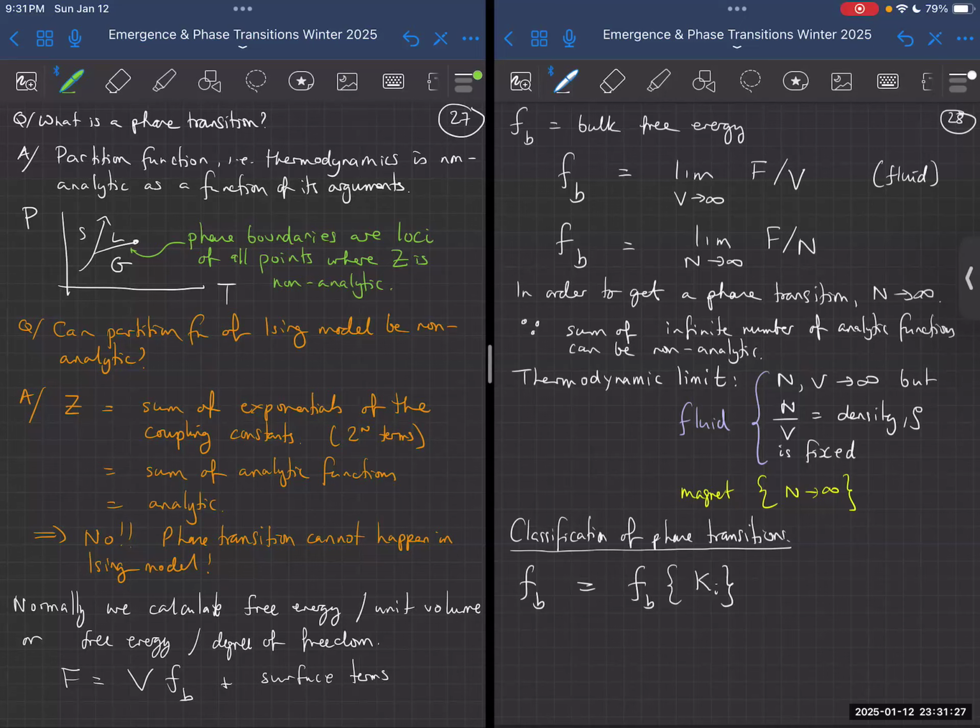I'll just write them like that. And this function is non-analytic.